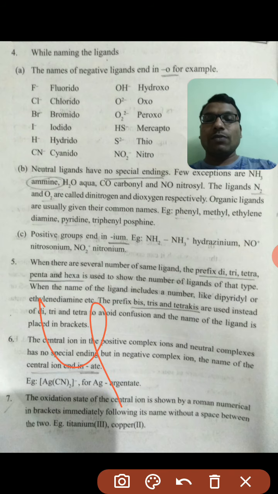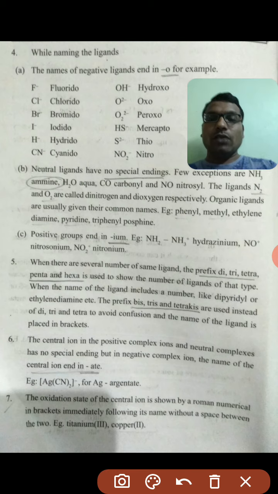Suppose 4 is present, we call it tetra. Suppose 5 is present, we call it penta. Suppose 6 is present, generally we call it hexa. So this prefix should be written if the same ligands are present in several numbers.